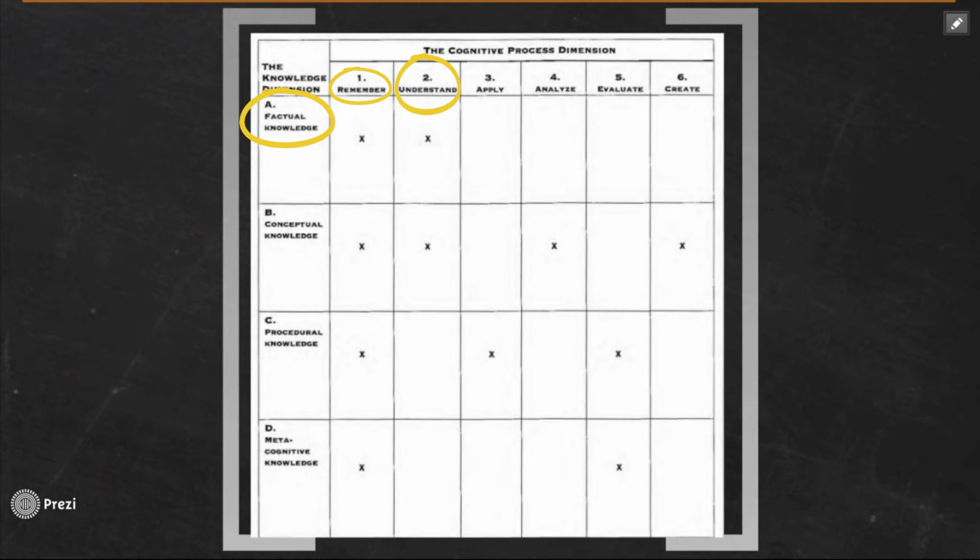For example, when the student only remembers about the use of present tense and then understands how to use that in the affirmative and then negative and in the other sentences, so they are only in the factual knowledge.